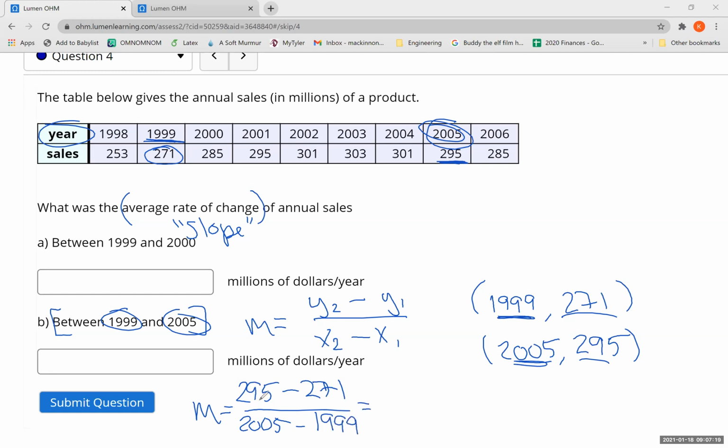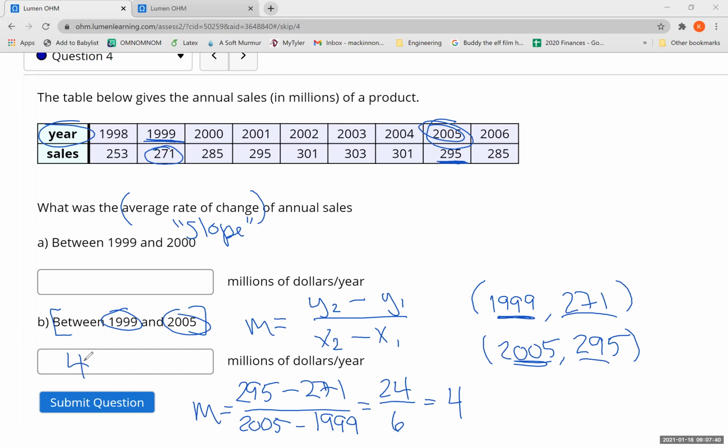All right, so then I get 295 minus 271. It's going to be 24. And then 2005 minus 1999, that's going to be 6. 24 over 6, that's 4. So our rate of change is $4 million per year.